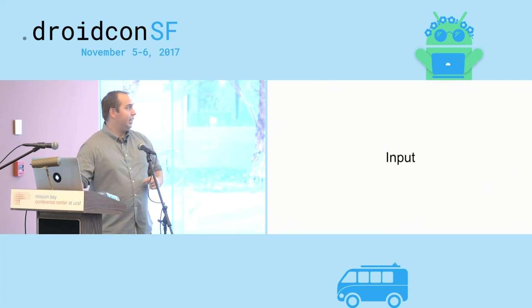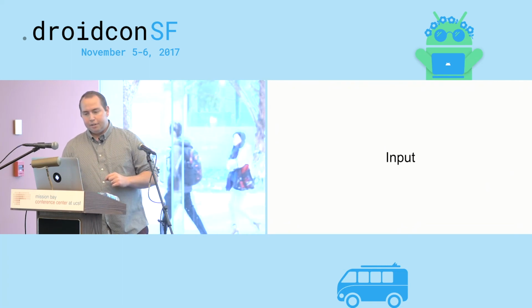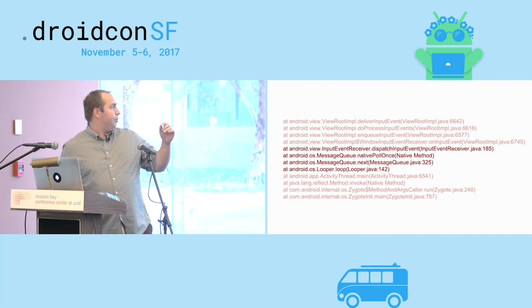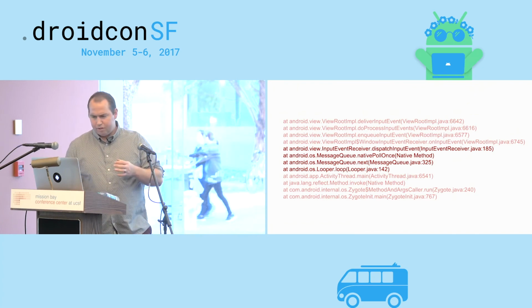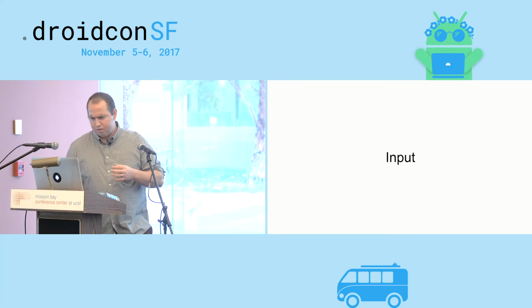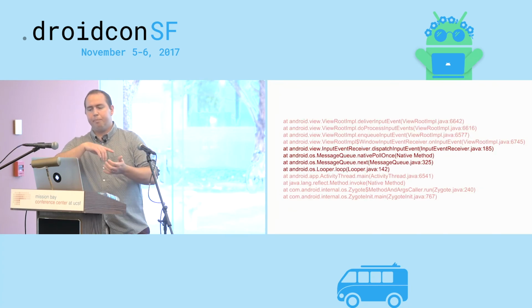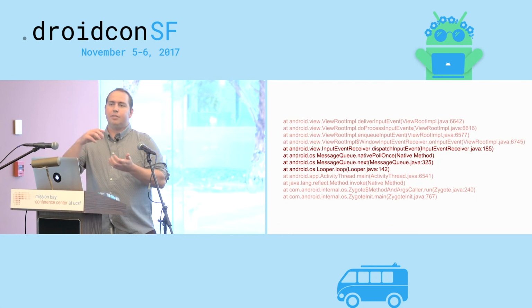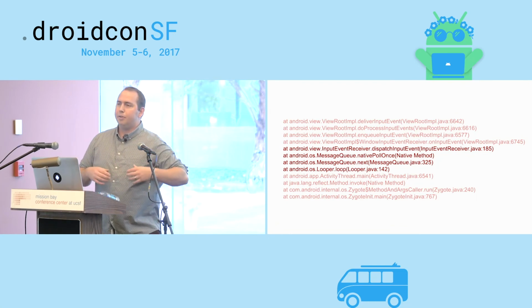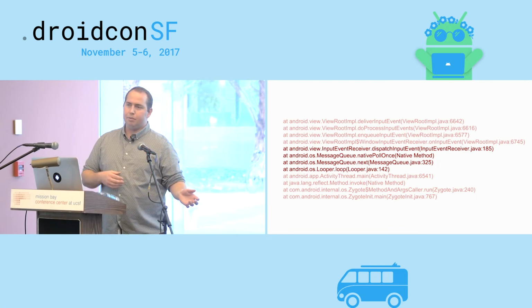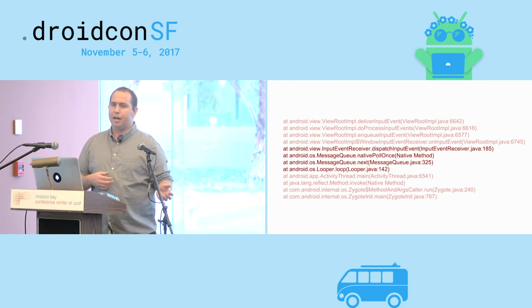The next one is the input framework. So when you touch, sorry, I thought I had another slide. Not only does all this reside in Java, there's also a native message queue. Who's done JNI or native coding for Android?